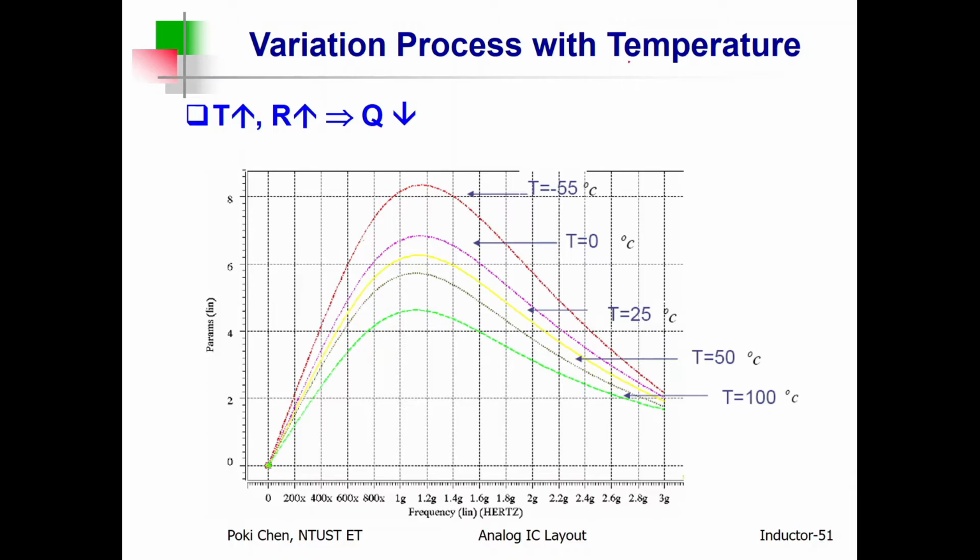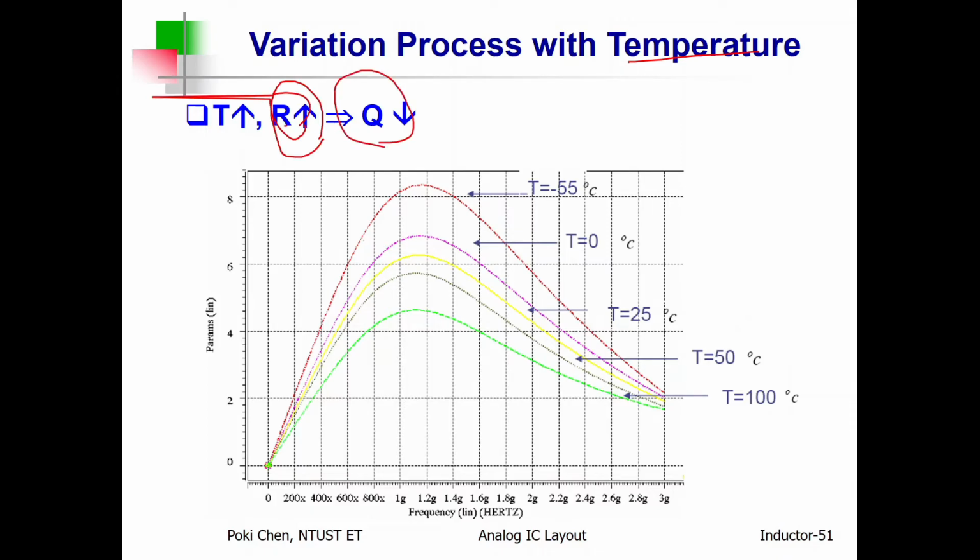And how about the temperature effect? Because the inductor is made of metal, the higher temperature means the free electrons will have more collisions with the lattice. The more collisions, the less conductance. It means more resistance and more power will be wasted in R, right?